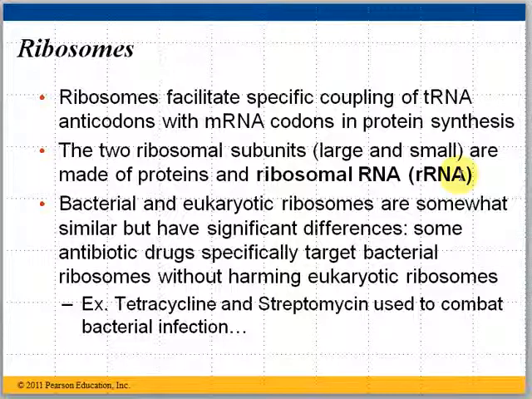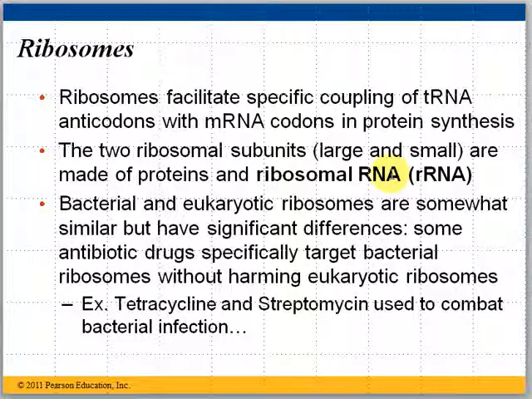We have the rRNA, the ribosomal RNA. It's part of the ribosome subunits. It's our third and final variety. We already talked about messenger RNA, the RNA that's created in the nucleus and then sent out to the cytoplasm. And we are still talking about transfer RNA, which is the RNA that attaches to the amino acids and brings them to the ribosomes for the protein creation process.